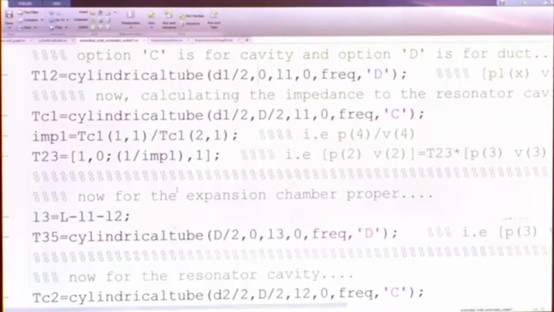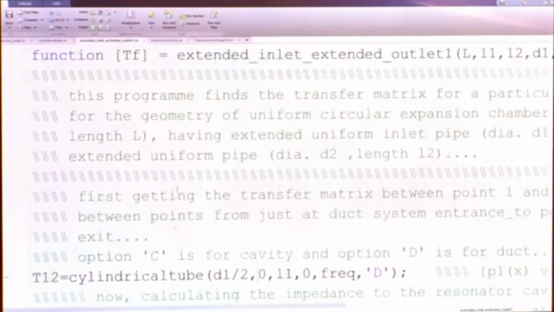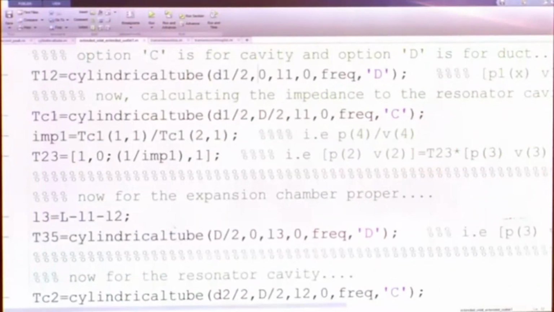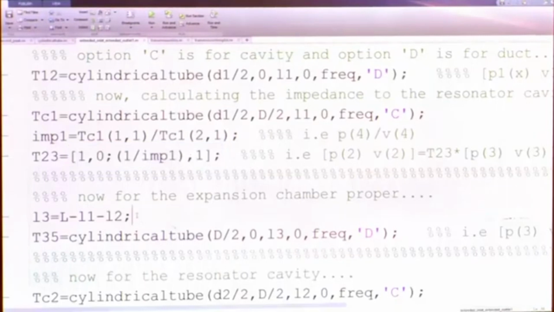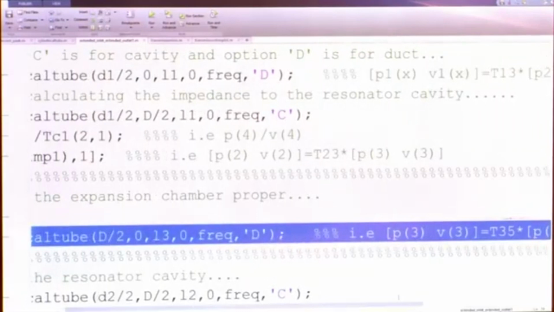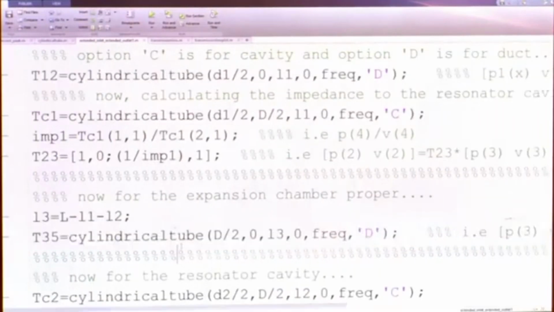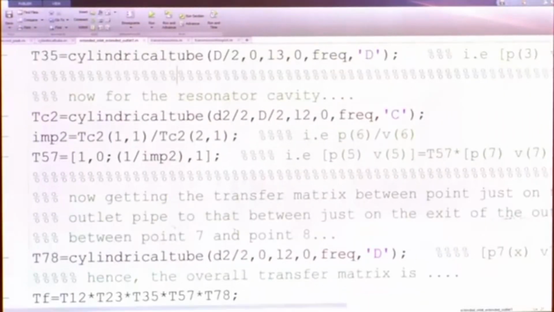By suitably multiplying the transfer matrices T12, TC1, we evaluate the impedance here, and T23 is the transfer matrix at the sudden area expansion due to the extended inlet, and L3 is the propagation length in which the protrusion is not there, and we evaluate the transfer matrix for that portion, and this is again that of the cylindrical pipe.